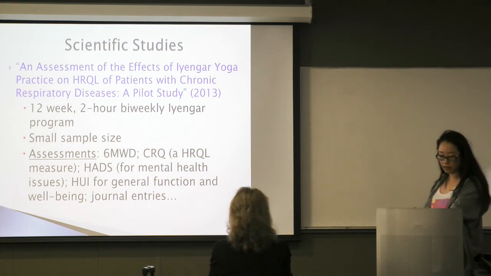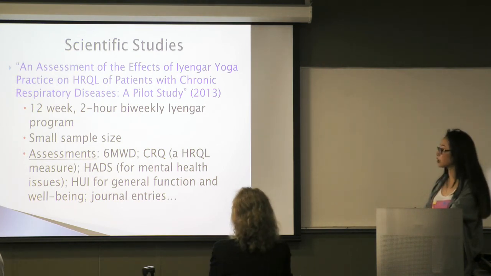And then HUI is for general function and well-being, such as vision, dexterity, cognition, emotion. And what I liked about this study is that they had the patients write journal entries. So after every session, they would write about the poses or how they felt about the practice afterwards.